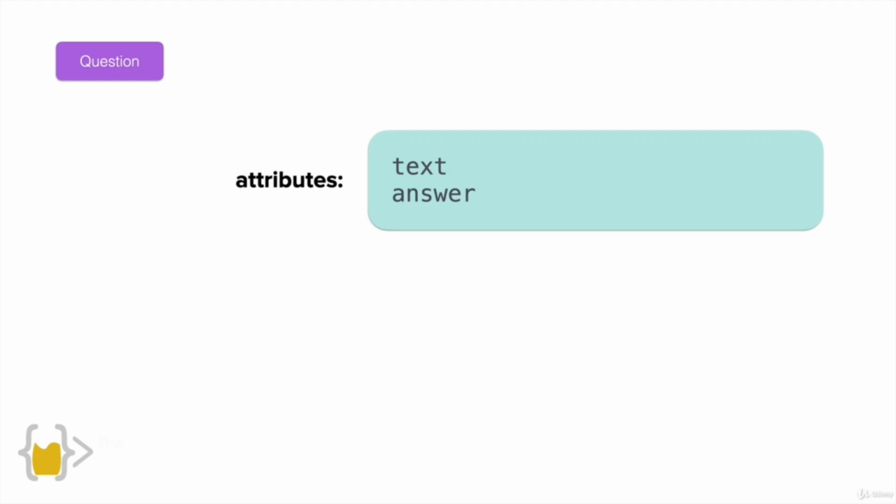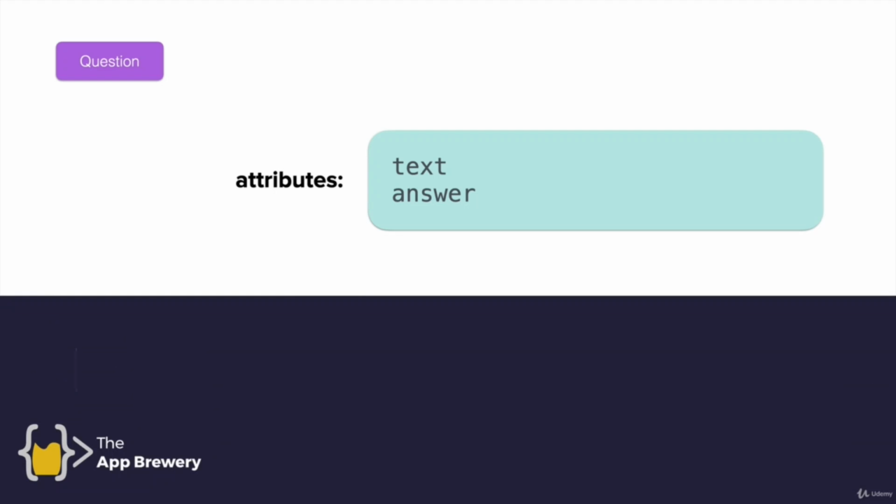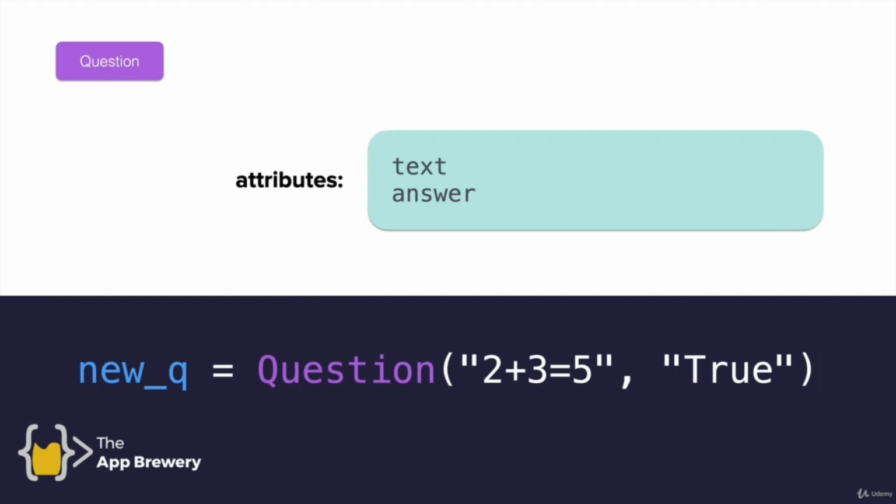Now these 2 attributes should be initialized with a value when a new question object is created from this class. For example, if our first question was 2 plus 3 equals 5, which we know the correct answer should be true, well then we might write the code like this to actually initialize a new question object.